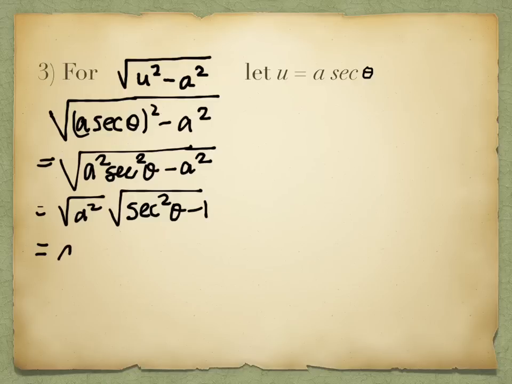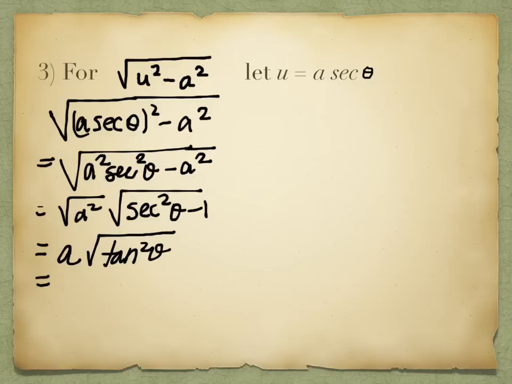It's A. And what is secant squared minus 1? Tangent squared. And then, of course, I'm going to square root this.